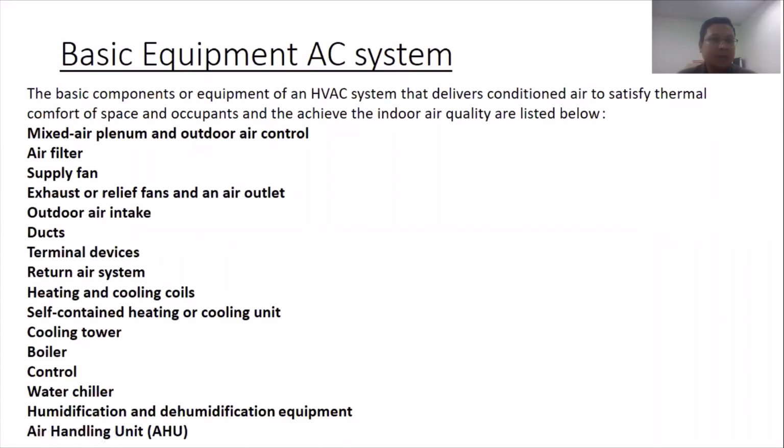Basically, the equipment of aircon systems will consist of mixed air plenum, outdoor air control, air filter, supply fan, exhaust or relief fans, and an air outlet, outdoor ducts, terminal device, until the air handling unit. Okay, this will be the basic equipment that should be inside the aircon system.